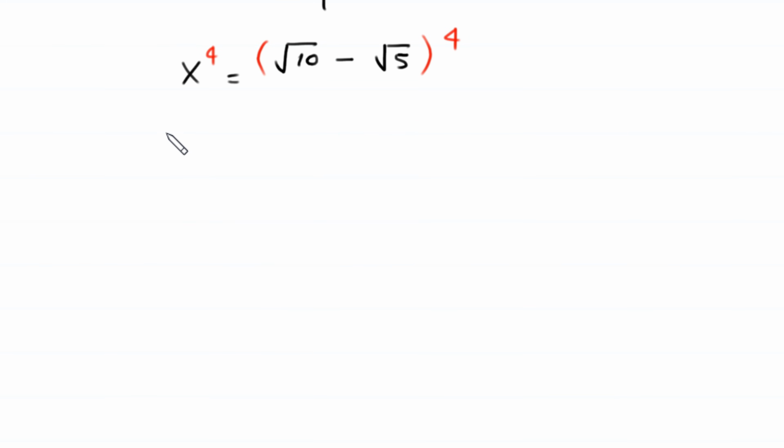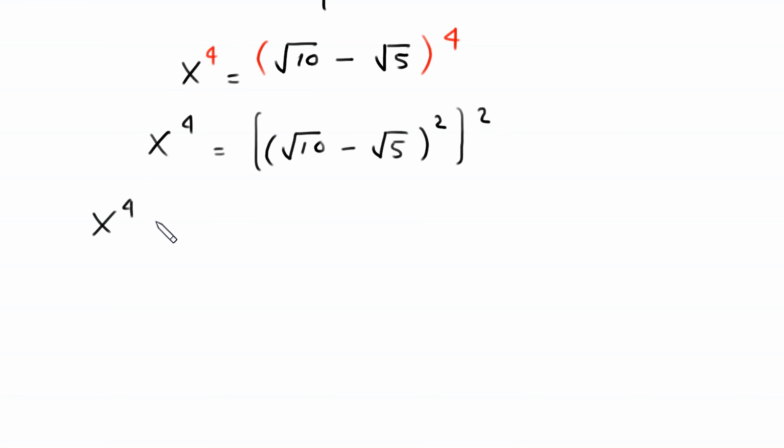So this will become x to the power 4 is equal to, this expression can be written as root 10 minus root 5 whole squared and whole to the power 2. Next, x to the power 4 is equal to, by using this algebraic identity a minus b whole squared is equal to a squared minus 2ab plus b squared.